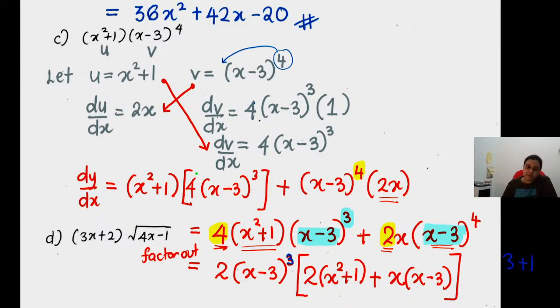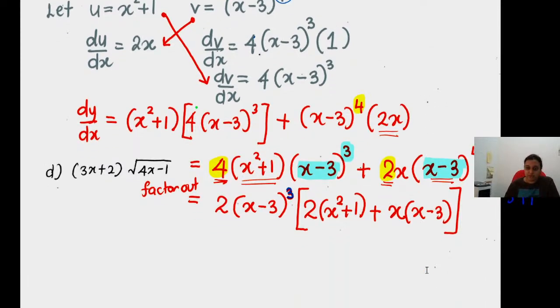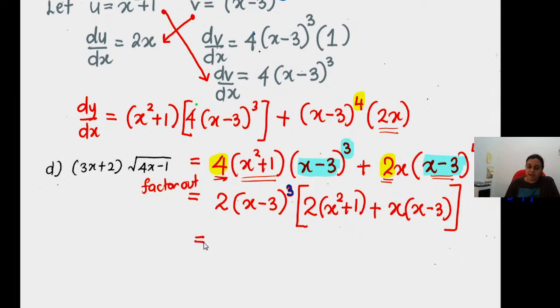But usually power 1 we don't write, so we just write x minus 3 only. So from here, now what you have to do is, this is the easy part already now. You just need to solve inside the big bracket only. Outside one, nothing to solve anymore because you factor out already.